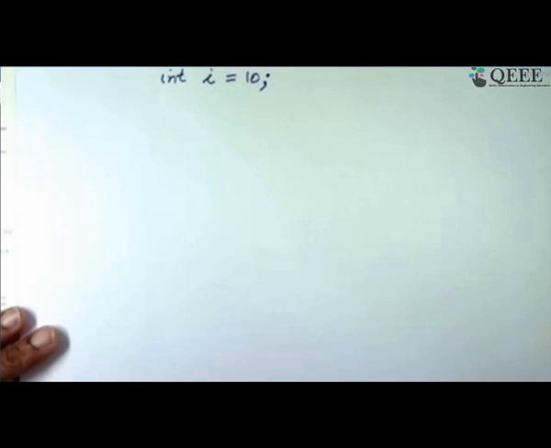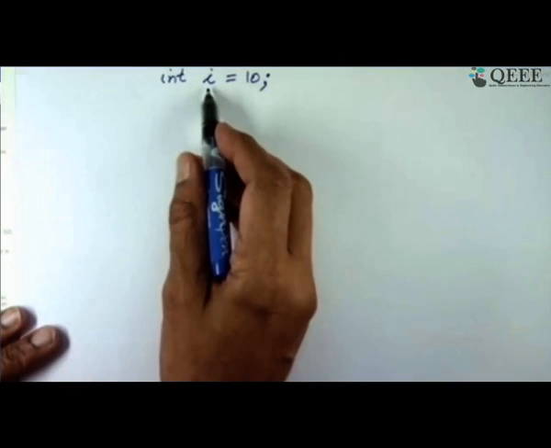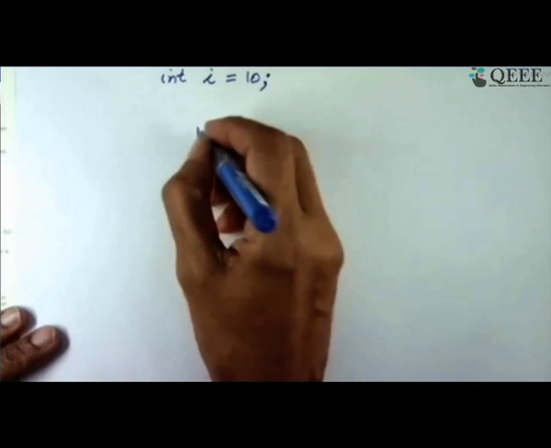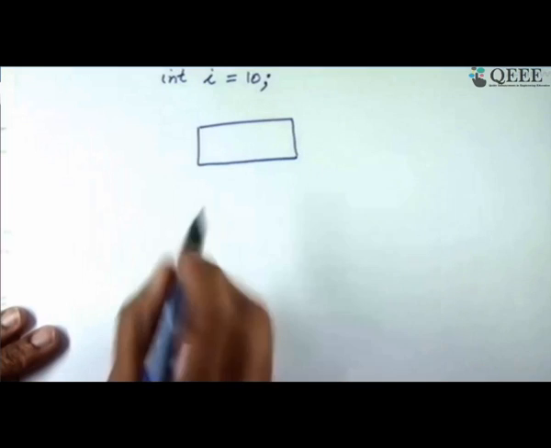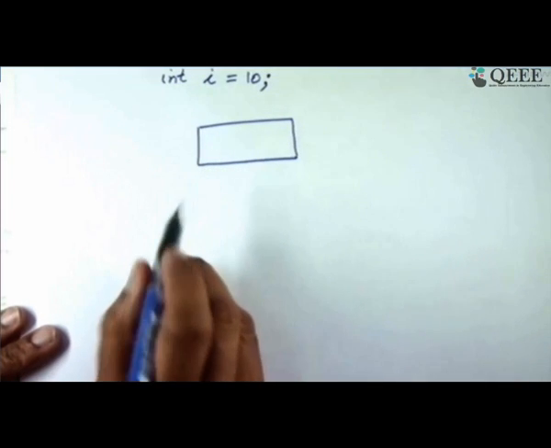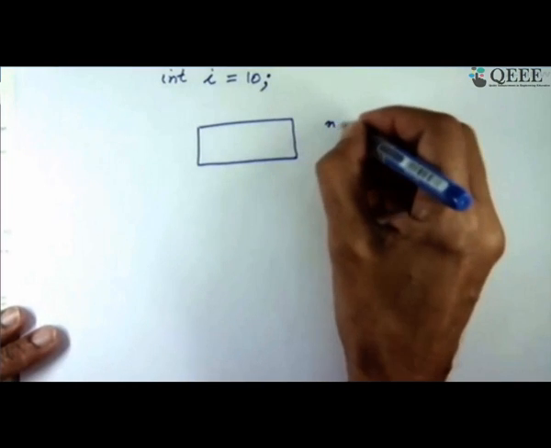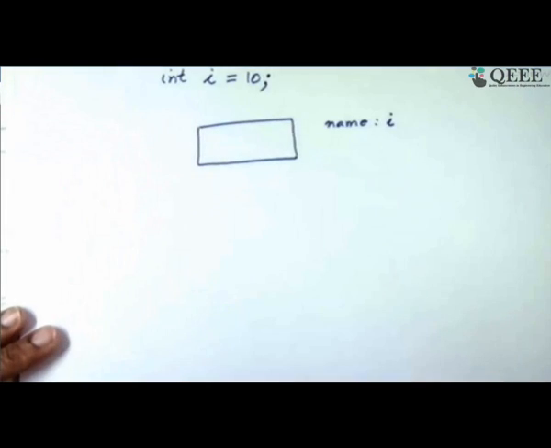Even an innocent declaration like this, what have we done? We have defined a name which is i and some attributes of this name. So I'll draw a box. Whenever in doubt, you can draw this box. The box is the place in which i will stay. Now let's write the attributes. The name of this box given by the user is i. The box is given by the system.